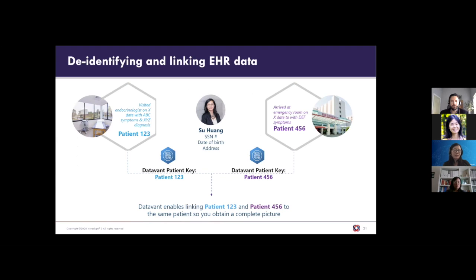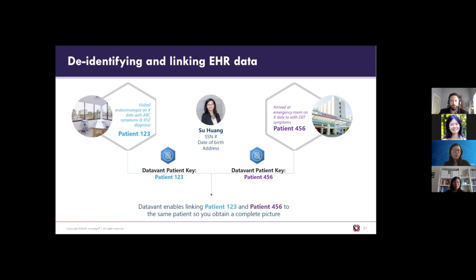So in this example that I'm showing on this slide here, using myself as an example, if you were interested in understanding my outcomes after I switched to a new diabetes medication, you could link together my EHR data from an outpatient endocrinology office that I visited with inpatient EHR data from my emergency department admission, for instance.